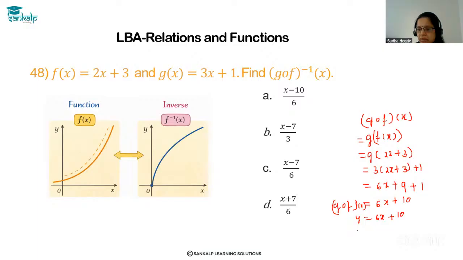Now find x. X is equal to y minus 10 divided by 6.